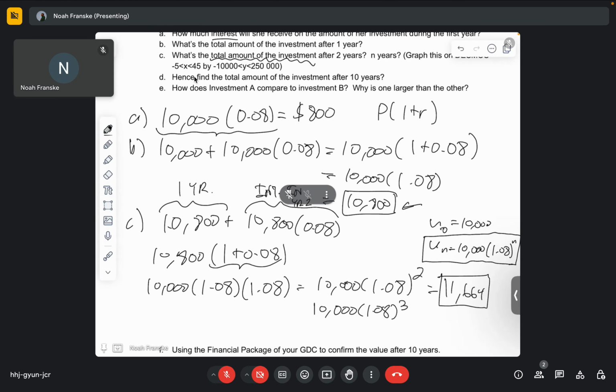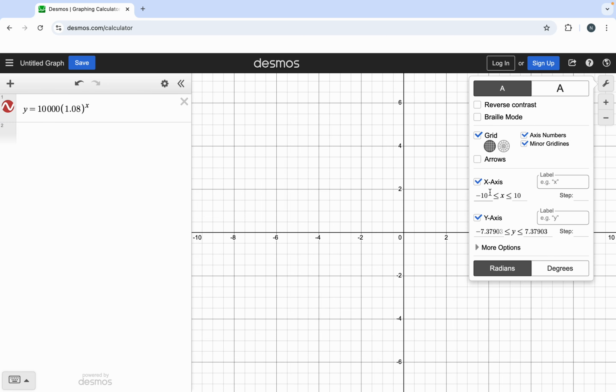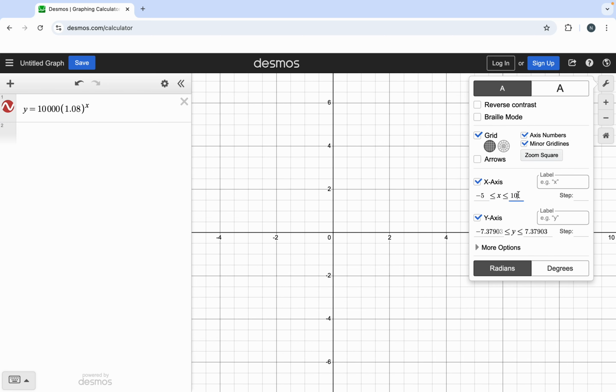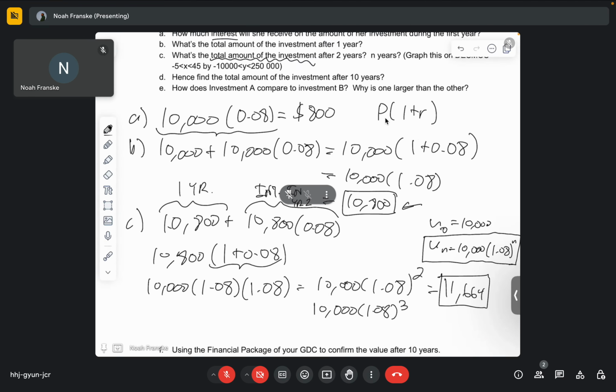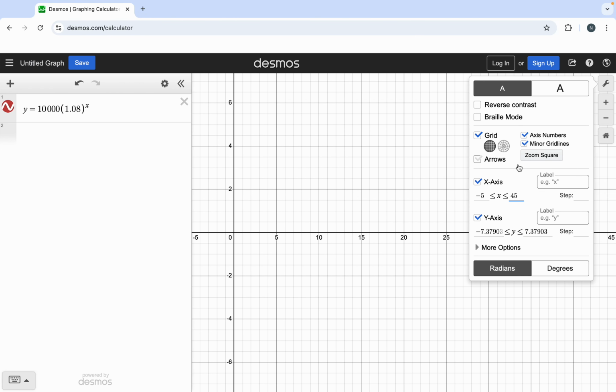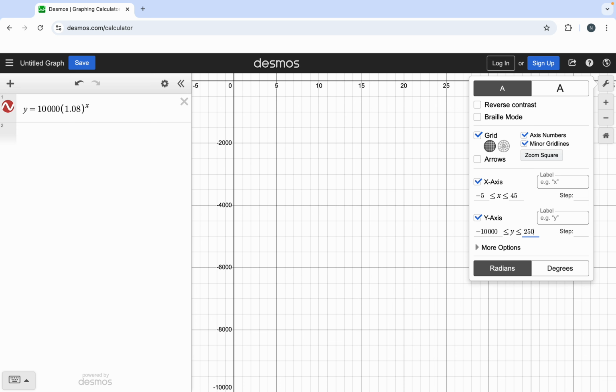Let's see, -5 to 45 for x. Let's change our window. -5 to 45, so we're looking at up to 45 years. And then they want us to do the y, -10,000 to 250,000, because it's going to be a lot of money.